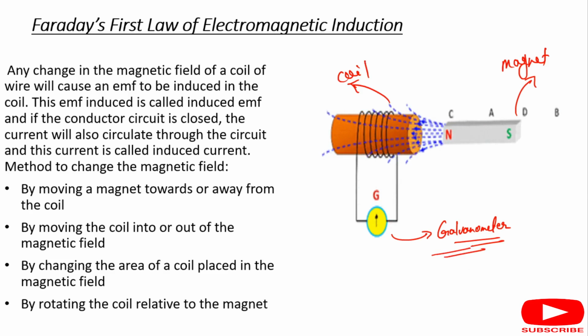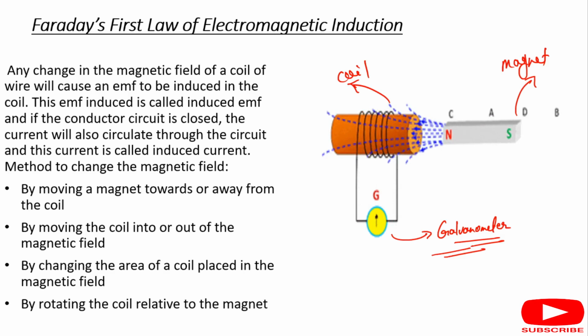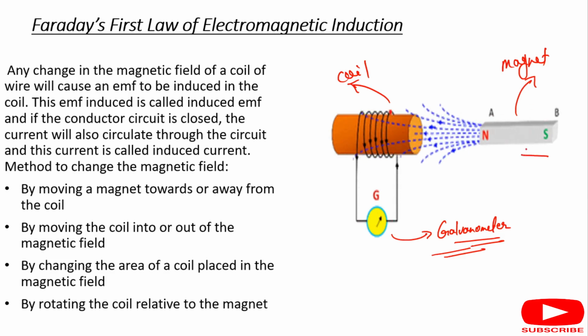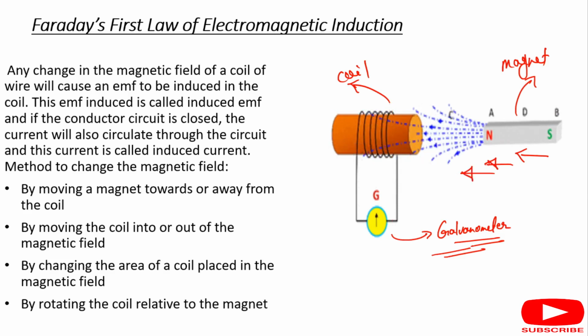At the start, when the magnet is at rest, there is no deflection in the galvanometer; the needle is at the zero position. Now what happens when the magnet is moved towards the coil? When the magnet moves towards the coil, the needle of the galvanometer deflects in one direction.